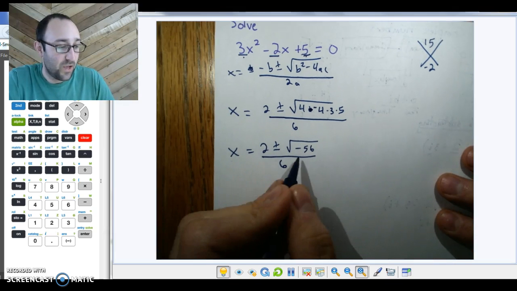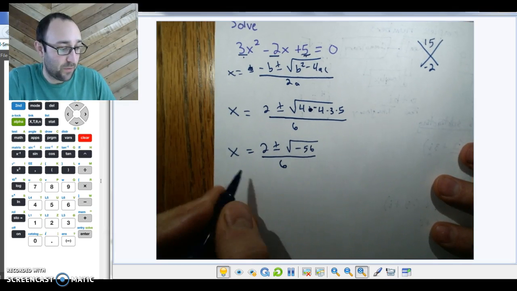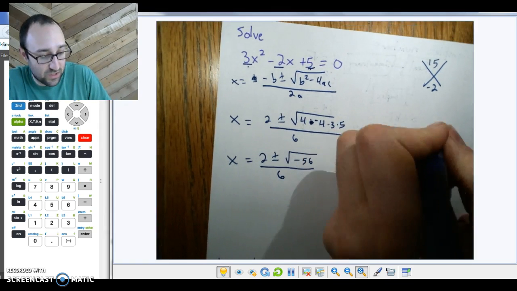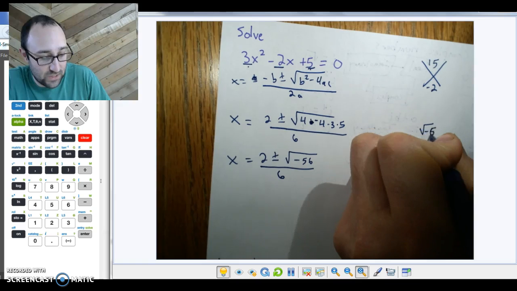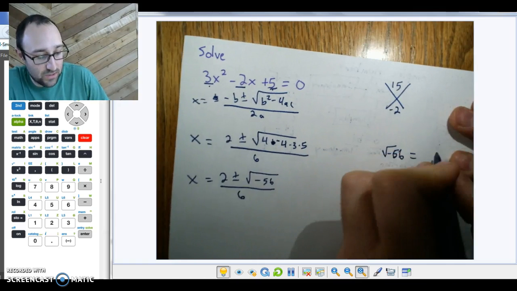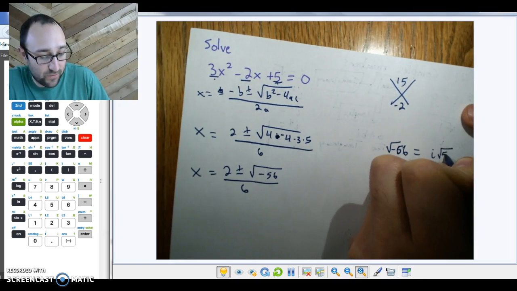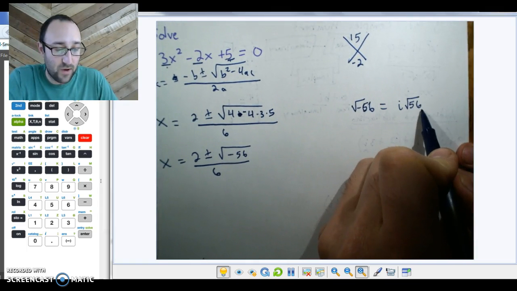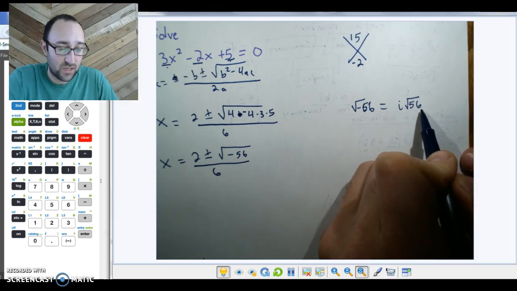What we're going to do is try to get this to be a complex solution. So how can we write this as a complex number? I'm just going to do that over here. The square root of negative 56 is going to be the same as i times the square root of positive 56. I just pulled the negative number out, and then we look at this and ask, are there any ways I can reduce this down?